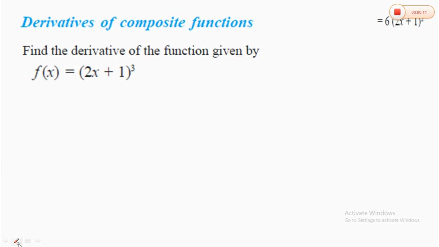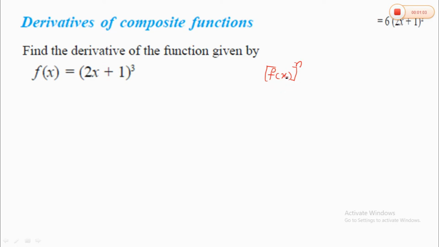So observe here. The function (2x + 1)^3 is of the form (f(x))^n.